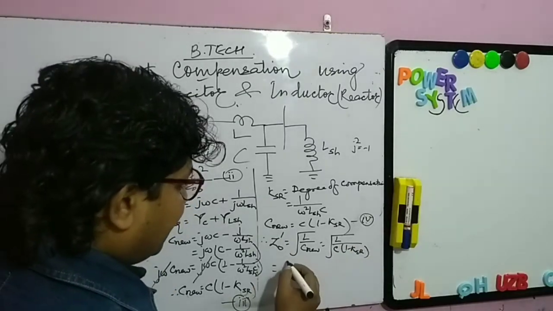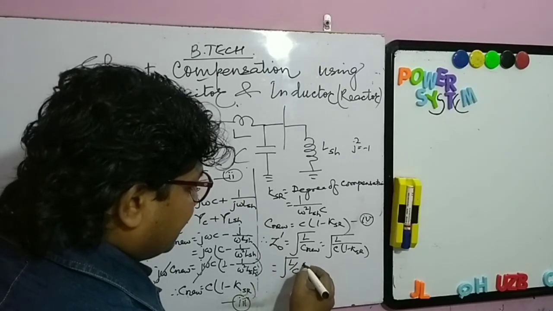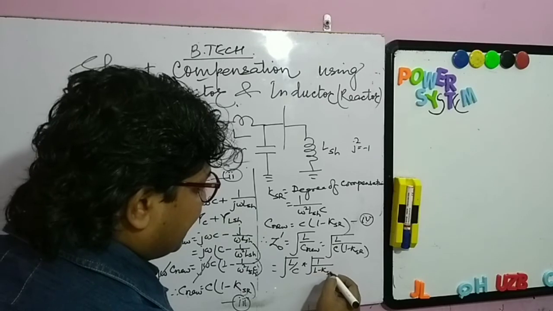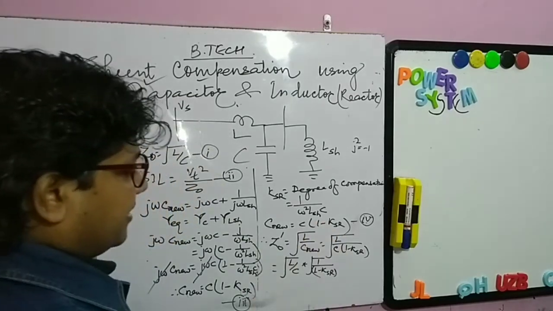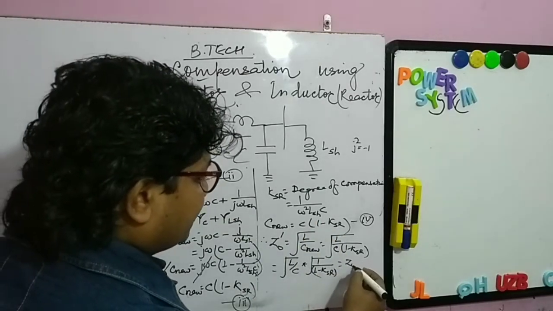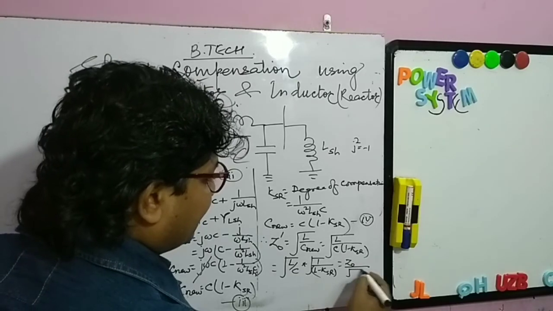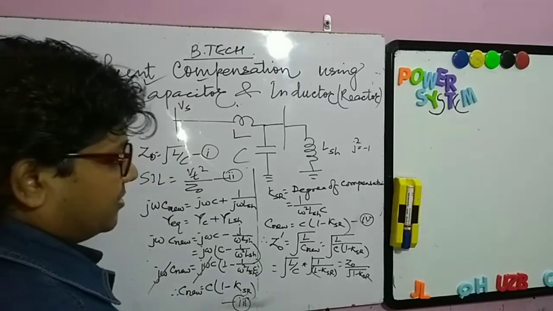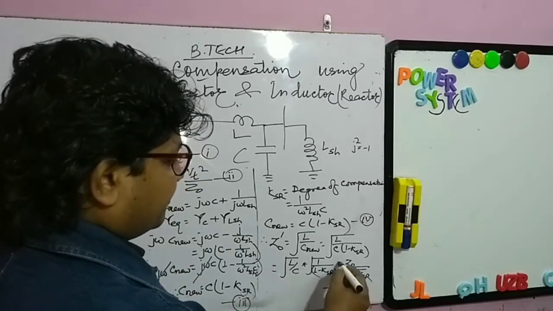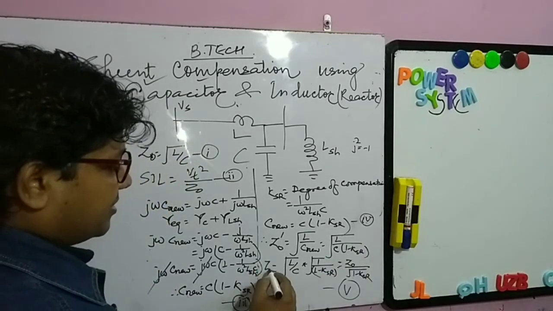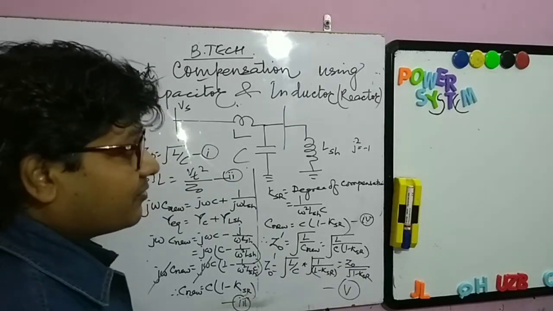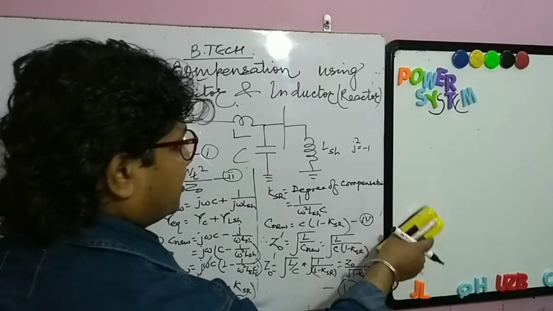So this is the square root of L by C into the square root of 1 by 1 minus K_SR, which equals Z0 by the square root of 1 minus K_SR. So this is Z0 dash, our equation number 5 and 6.